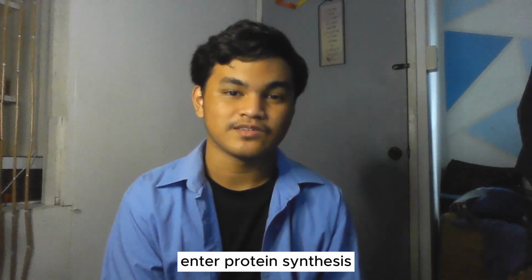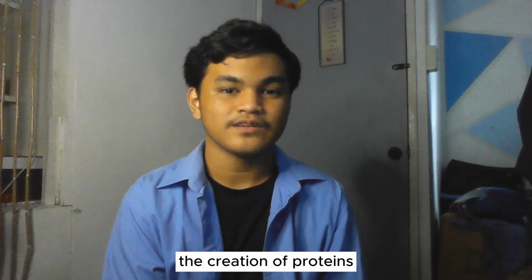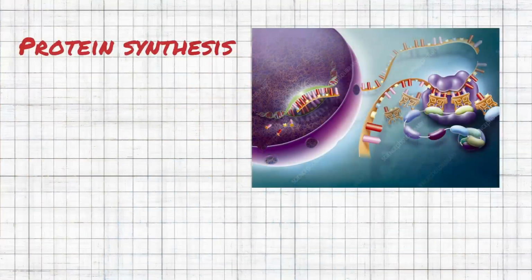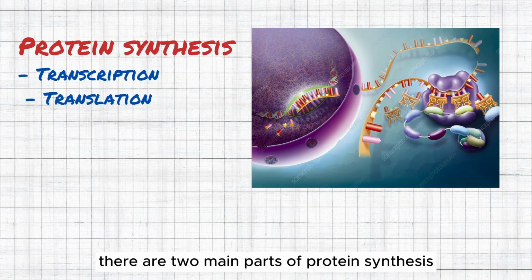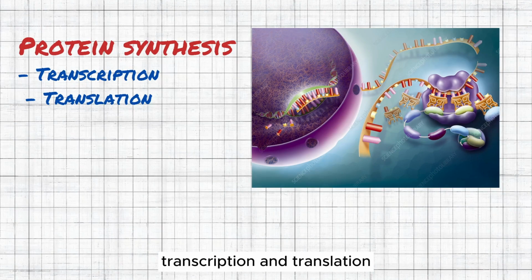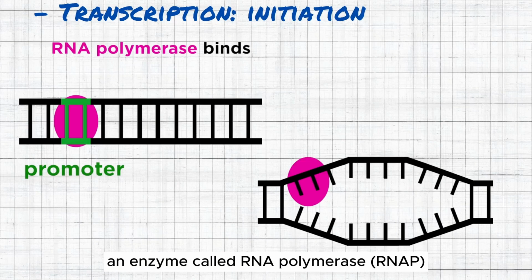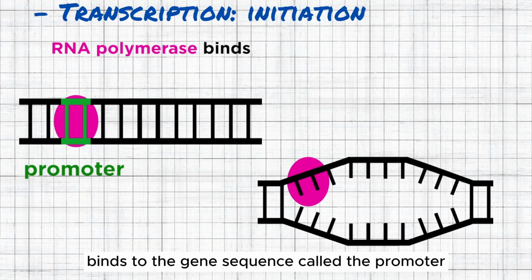Enter protein synthesis, the creation of proteins, the building blocks of life. There are two main parts of protein synthesis: transcription and translation. Transcription is the first part. It starts with the initiation. At this stage, an enzyme called RNA polymerase binds to the gene sequence called the promoter.